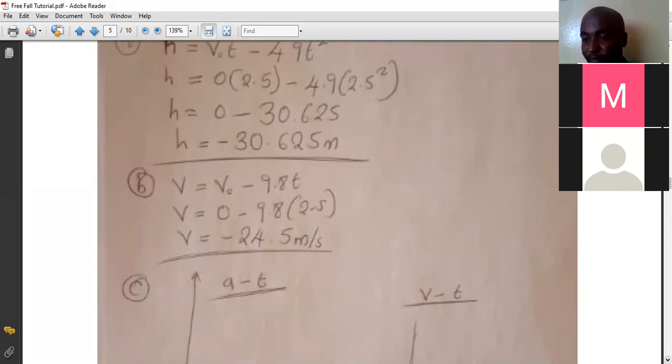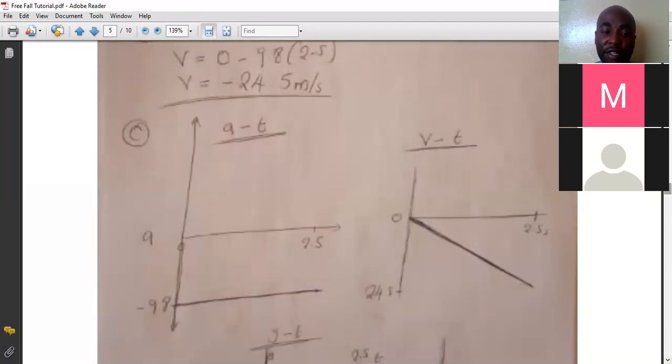The graphs are almost standard for this kind of motion. For the acceleration time graph, the acceleration is constant. Acceleration is your y-axis. You draw a vertical line, then somewhere below 0, you put negative 9.8.